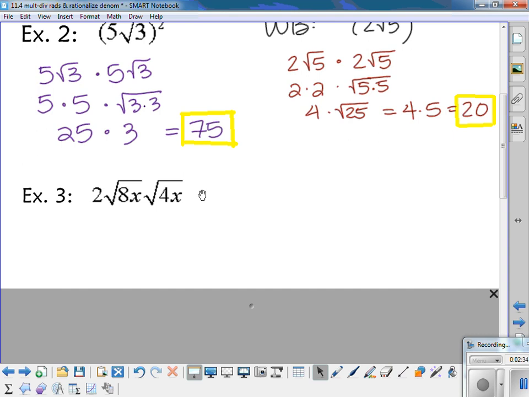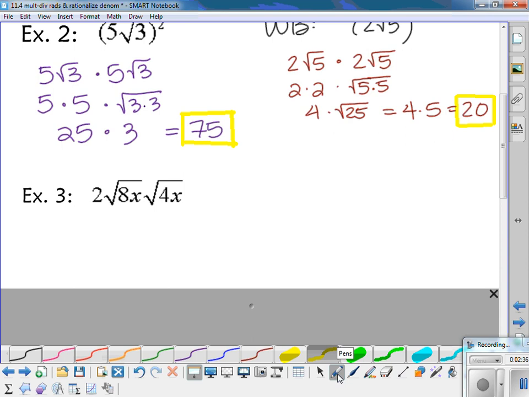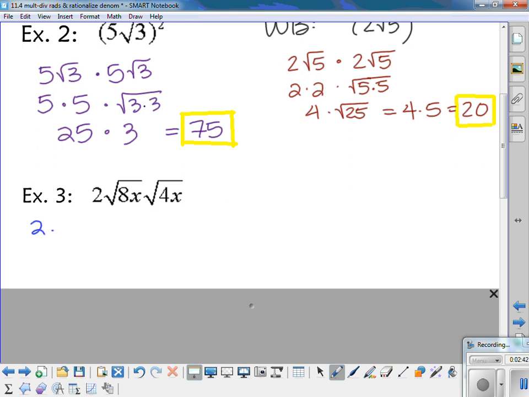Well, I'll just go ahead and do it that way. All right, so I've got the 2 on the outside, and then 8x times 4x gives me 32x squared. So what perfect square goes into 32? 4, there's a bigger one. 16, right? It's 16 times 2.